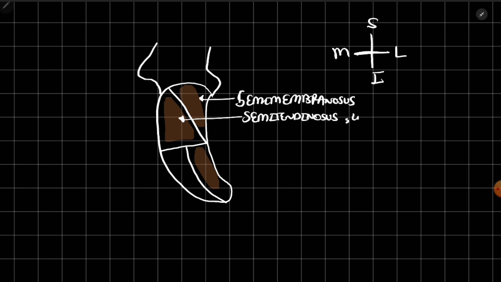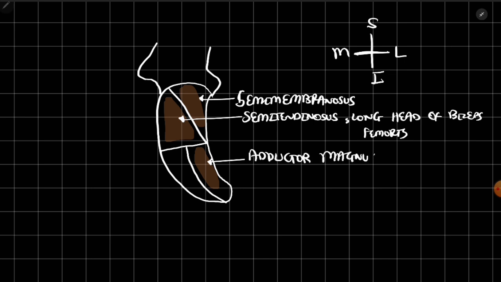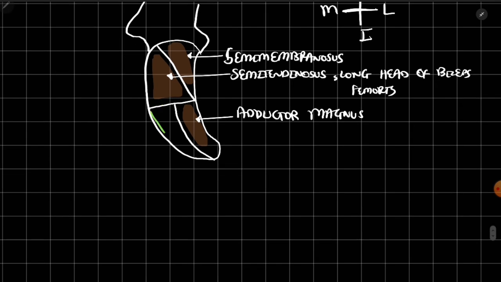Yes, the long head of biceps femoris. Let me write it here. And on the inferior aspect was the adductor magnus. Okay, and also one more thing that should be identified. So this is the subcutaneous part.